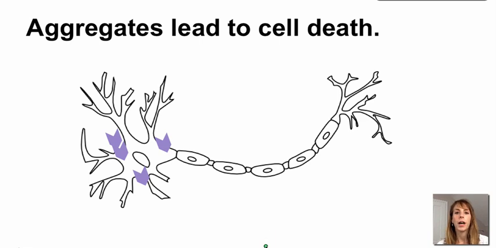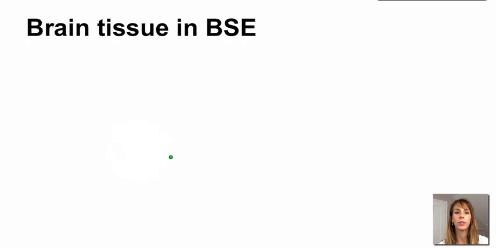These aggregates are not good for the neurons. Mechanistically we don't completely understand how this works, but we think that these prions that aggregate on the outside of the neuron give the cell the signal to die or undergo programmed cell death. And so the neurons that have prions surrounding them are going to die. And if you think about the overall architecture of the tissue, it's really going to change.